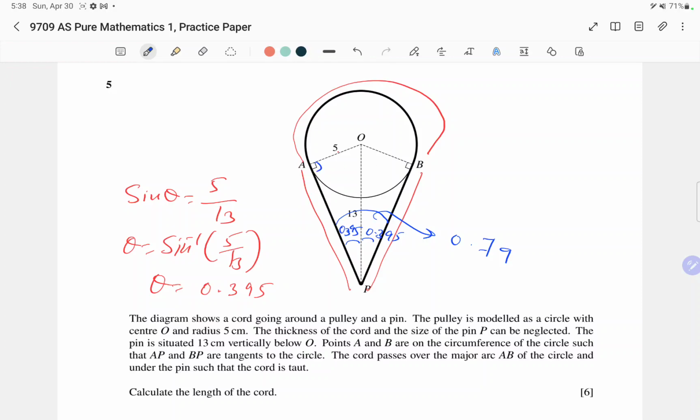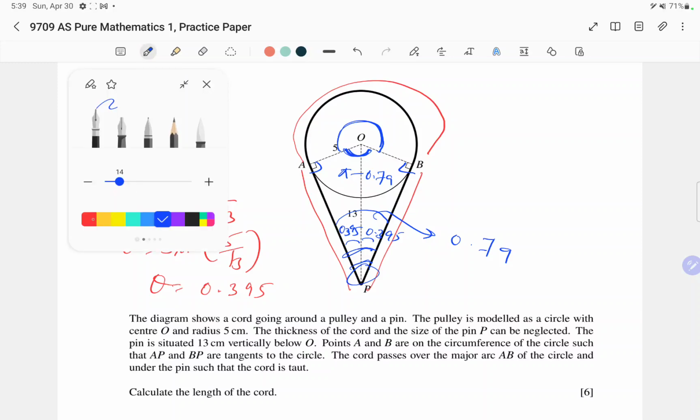But this is 90, this is 90. So the sum of this and this should be 180, right? Pi. So if this is 0.79, then this angle is pi minus 0.79, because the sum of this and this is always 180 or pi. Then this angle will be 2 pi minus 0.79. So first we can get pi minus 0.79, which is 2.35.